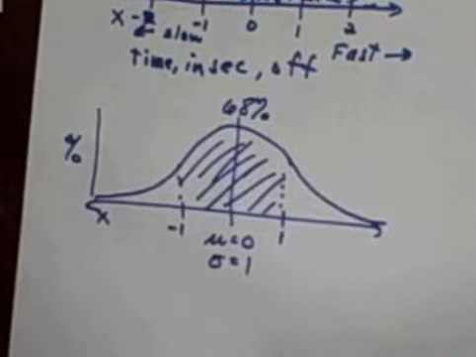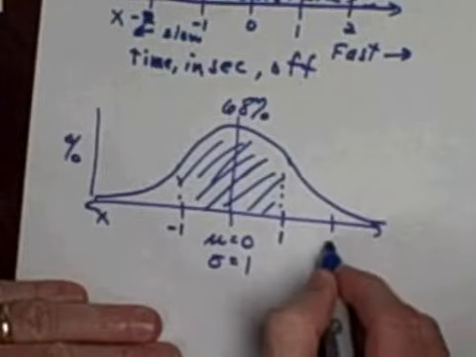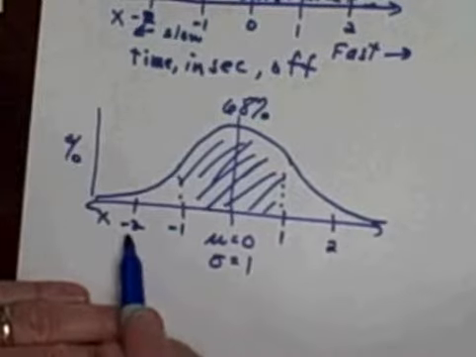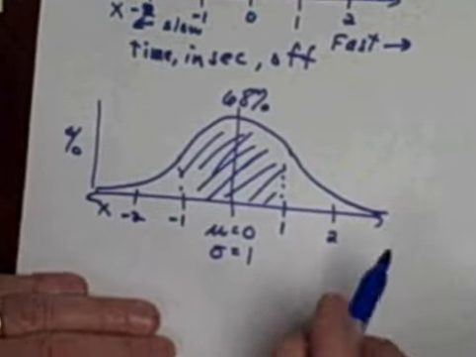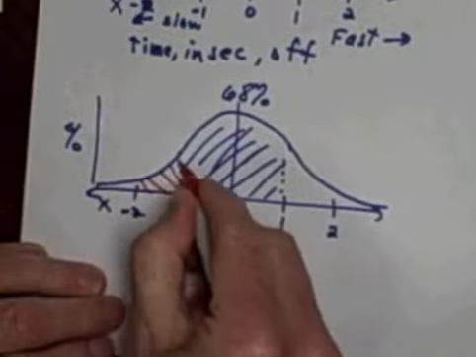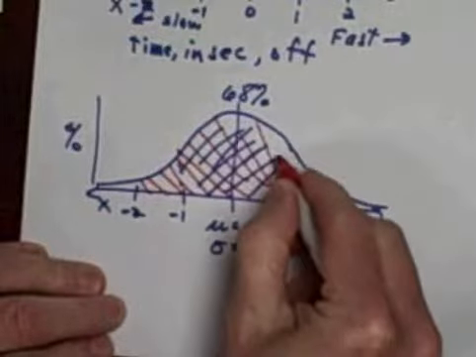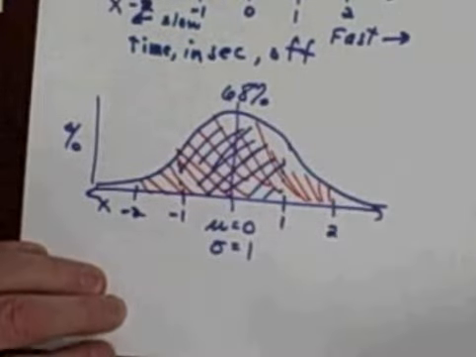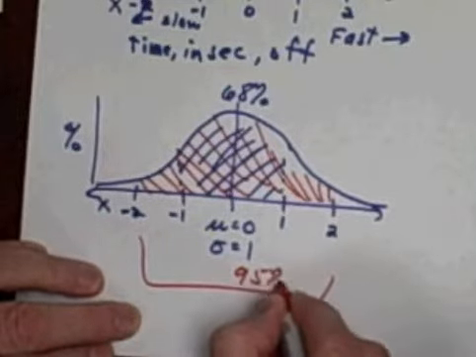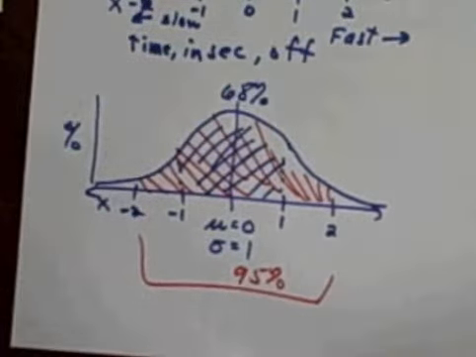And you should recall from the empirical rule that if we go out another standard deviation in either direction, that is up to 2 seconds fast or 2 seconds slow, that this will account for, let me change the colors here, if we consider all the clocks that are within this range of being fast or slow, that this will account for 95% of all the clocks.